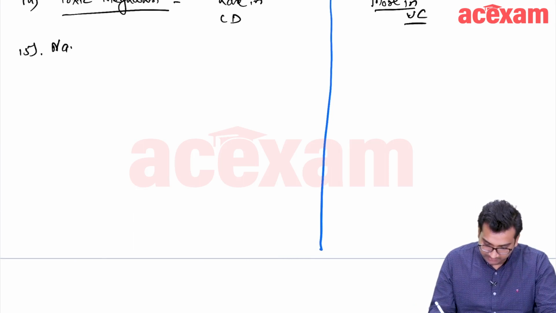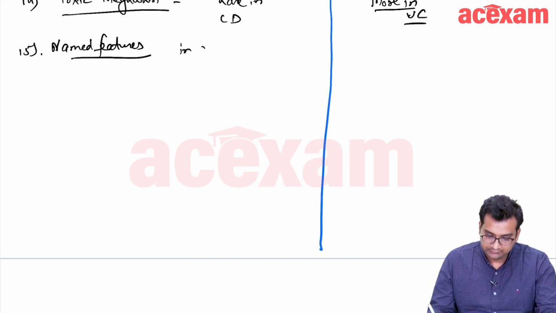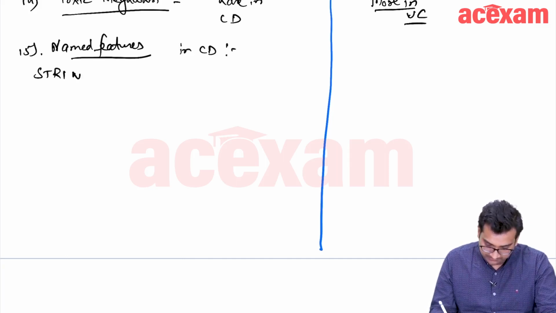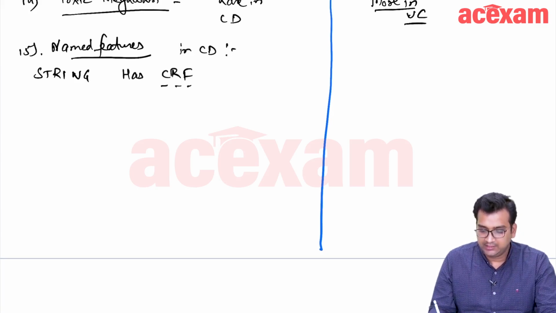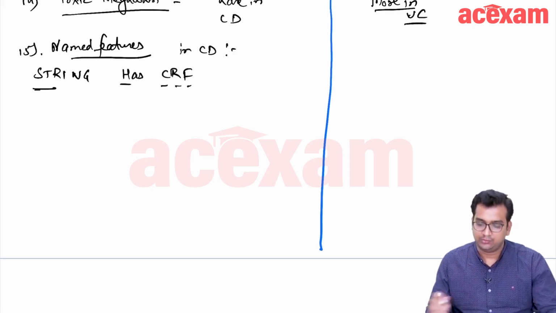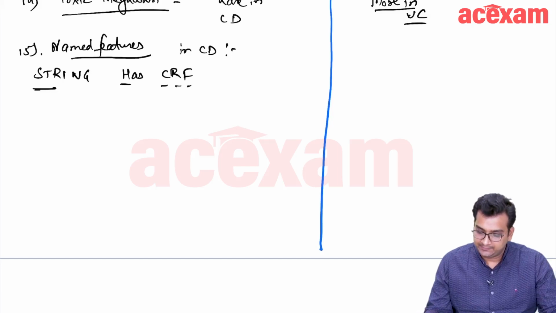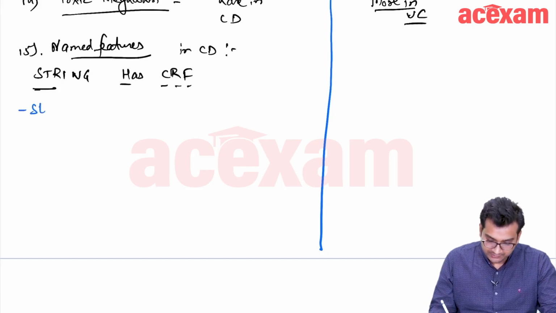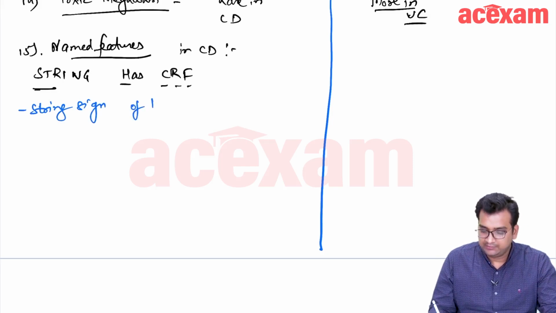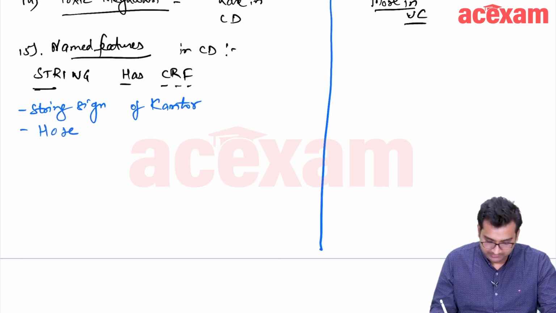Now, there are named features in Crohn's disease. What is the mnemonic for them? String has CRF. We have discussed all of them in detail. It is string sign, or string sign of Kantor, which is similar to hose pipe sign.